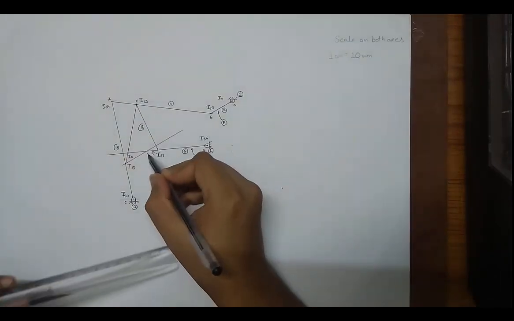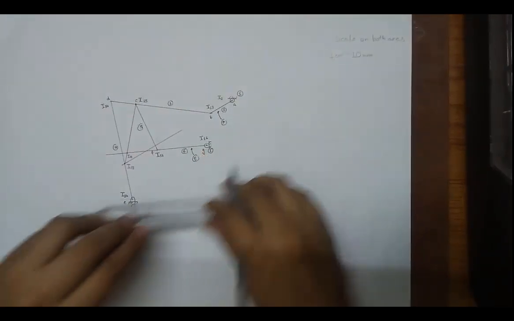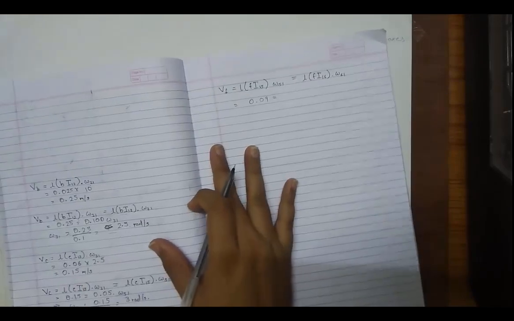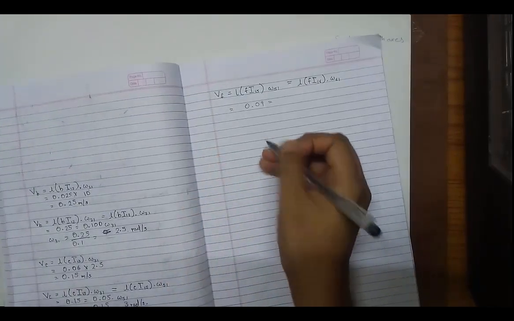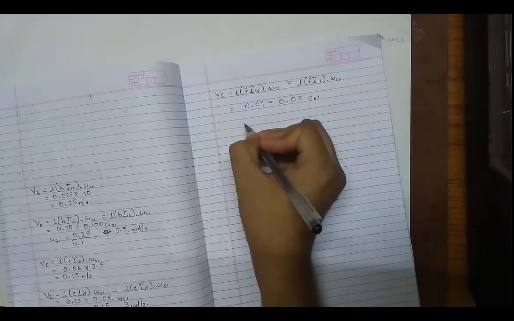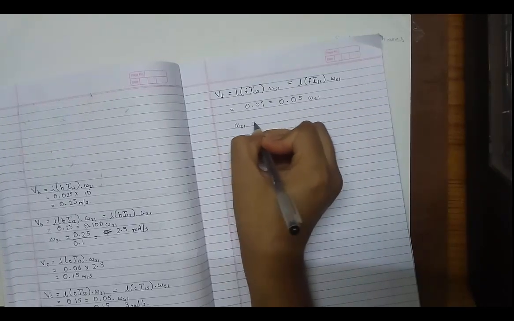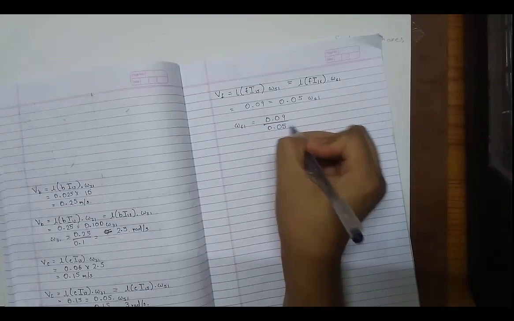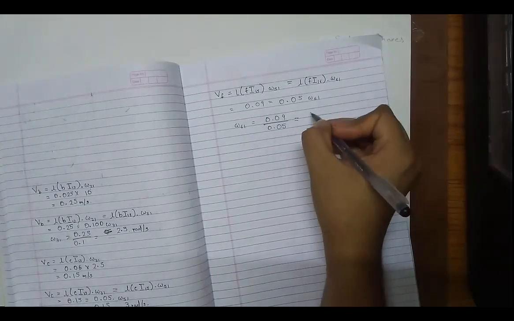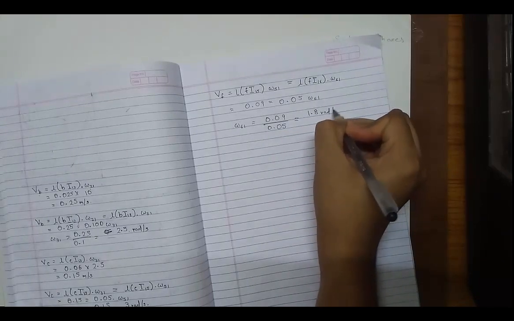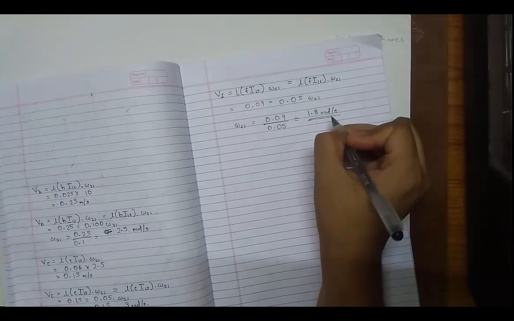This is F. Where is I16? Here is I16. That is 50 mm, it is given in the question itself, the length of the link. So this is 0.05 omega 61. So omega 61 is equal to 0.09 upon 0.05. How much will it be? 1.8 radians per second.